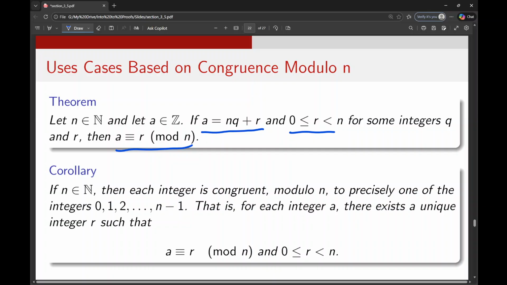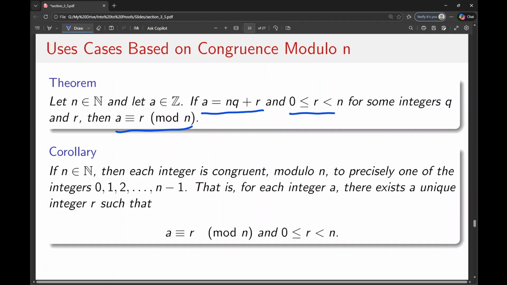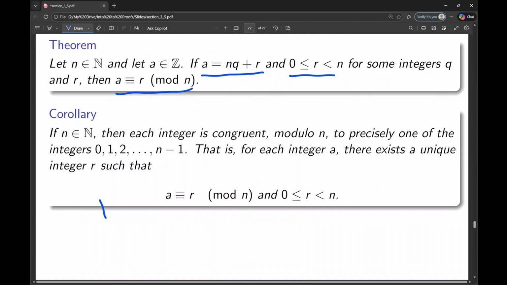So whenever you're talking modulo n, this is the corollary we use to break things into n cases. If we're doing modulo 5, then we can do almost anything in 5 cases, just like how we did even and odd in 2 cases.